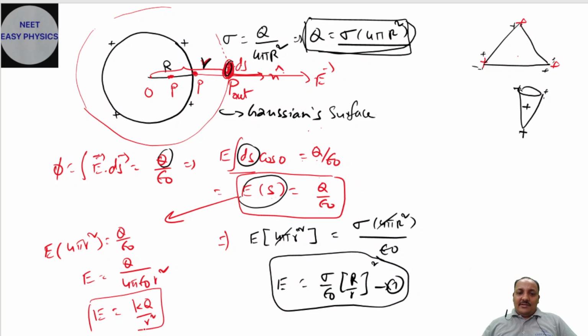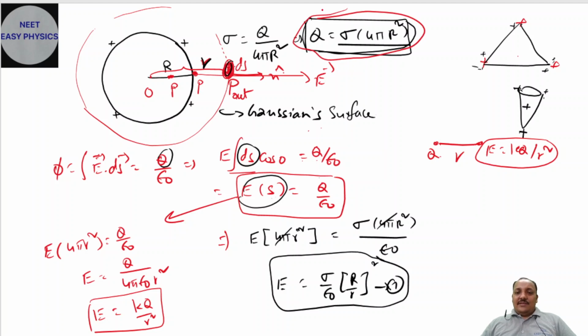We can remember it as a similar equation: if a point charge is at some distance r, what is the electric field intensity? kq by r square. This is also going to be the same. But you have to remember carefully, Q is equal to sigma into 4 pi capital R square. That one you should remember. Okay, this is the main formula: sigma by epsilon naught into capital R by small r whole square. Correct?